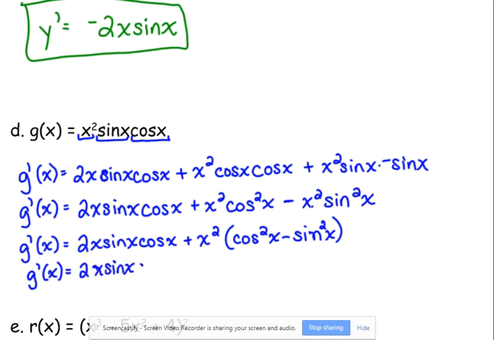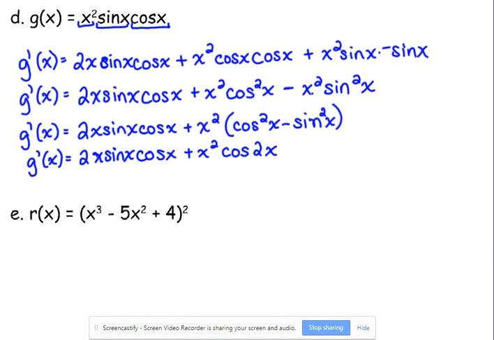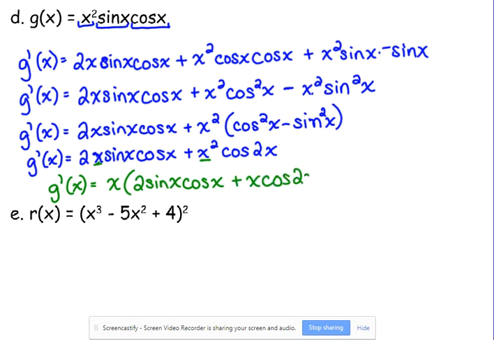Cosine squared minus sine squared is equal to the cosine of 2x. And then probably the last thing that I'm going to do is, between these 2 terms, they both have an x in them. Now I can't factor out that cosine because they're different cosines. So I've got 2 sine of x cosine of x plus x cosine of 2x.